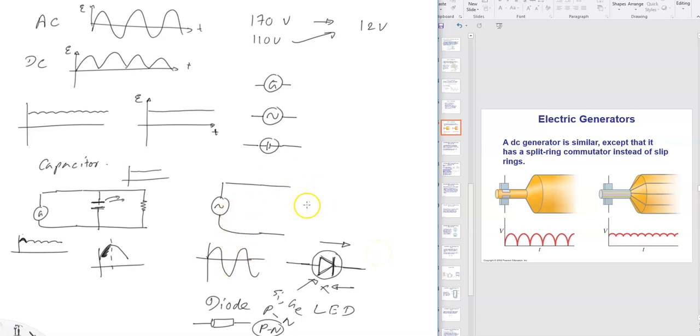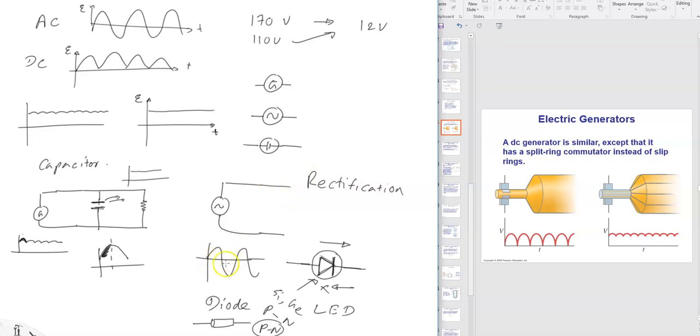So you put a bunch of diodes. I'm not going to go into so much detail. There are different ways of doing it, two diode circuits or four diode circuits. The process is called rectification. There's half rectification, there's full rectification.